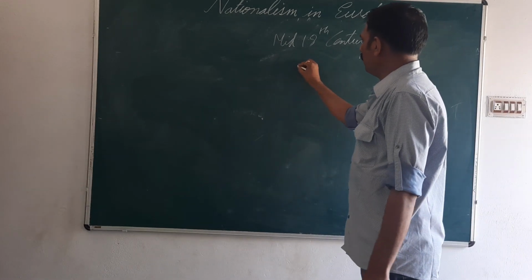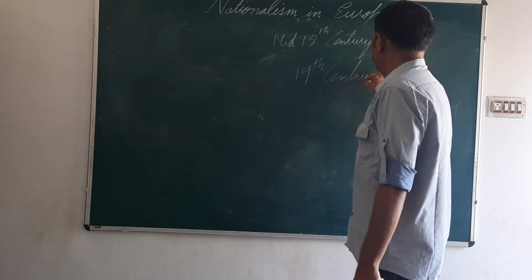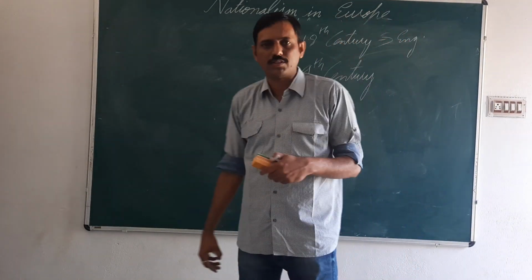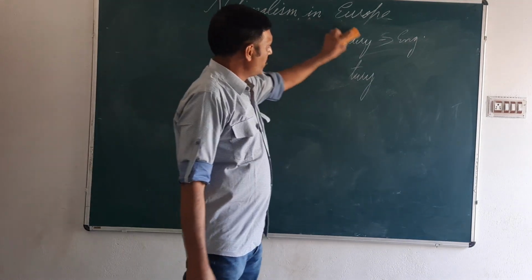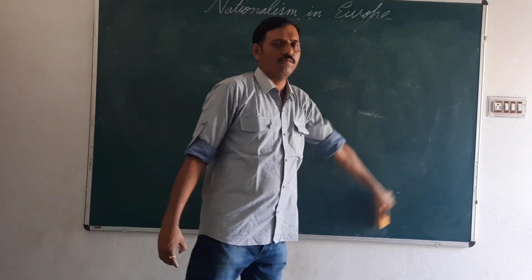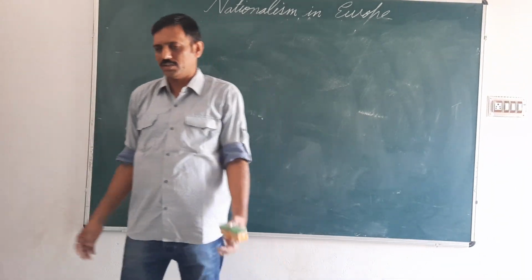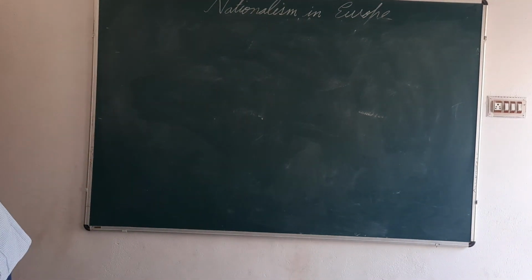But in France and Germany, it was the 19th century. With industrialization, a new class developed, the educated middle class. First to develop was Britain, then France, Germany, and much later the Eastern European countries. So this was how the middle class developed.